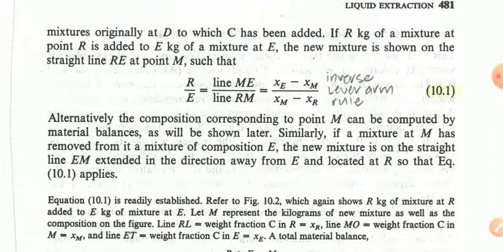And alternatively, the compositions corresponding to the point M can be computed by material balance, as will be shown later. Similarly, if a mixture at M is removed from a mixture of composition E, the new mixture is on the straight line EM extended in the direction away from E and located so that the equation applies.